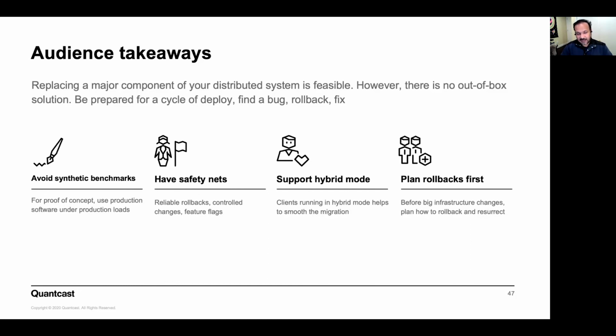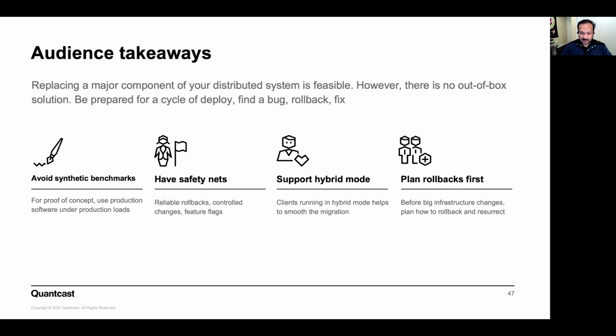Safety nets. A reliable rollback process is a great safety net. A good deployment process where a change has a very small blast radius is another good safety net. Feature flags are great.